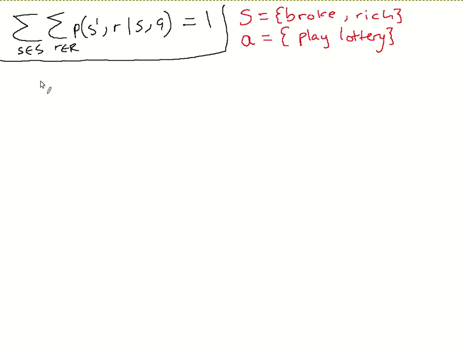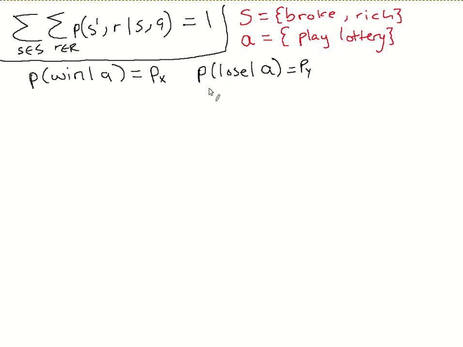What are the possible outcomes that you result from that? So either you'd win, so the probability that you win, given that you decided to play the lottery, which we call A, is equal to, we'll just call it Px. Right? Similarly the probability that you lose, given that you decided to play the lottery, which again we're calling A, let's call that Py.